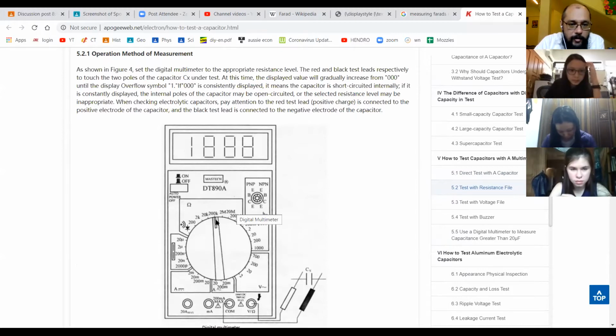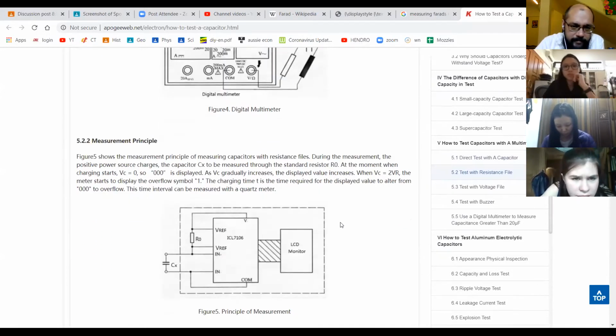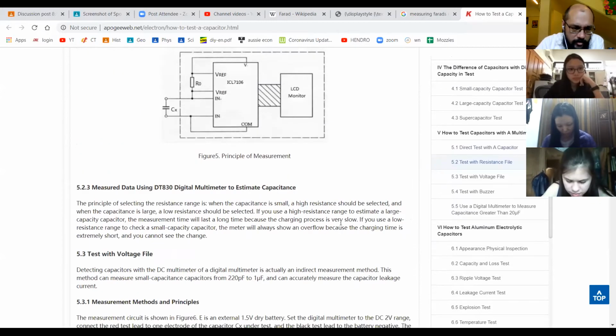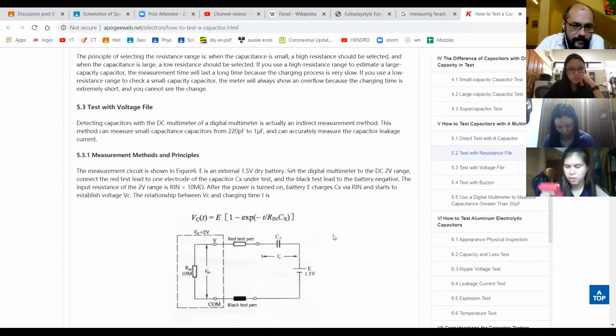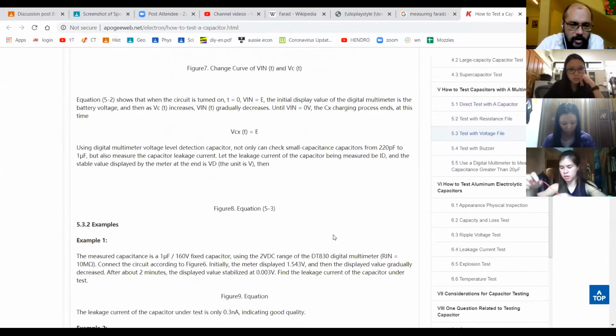Okay, so maybe what you want to be doing is checking your resistance. So they're suggesting here at about, I don't know what exactly the resistance you want to look at is. Was that 2000 or 200? I had it on 200. Okay. This is so complicated.